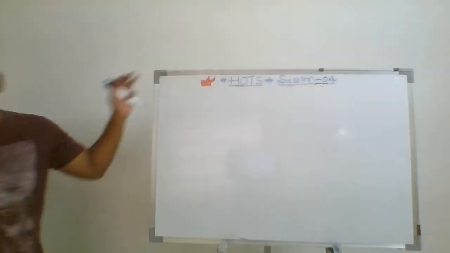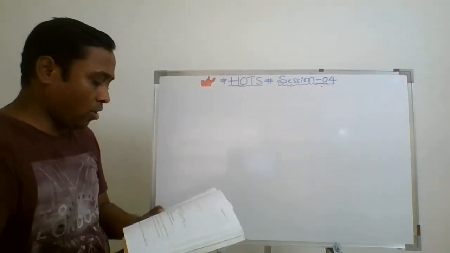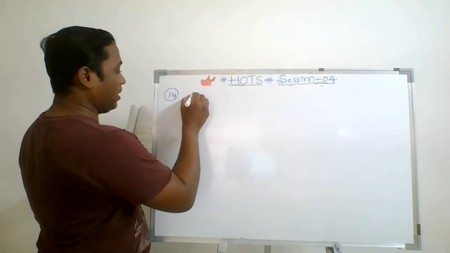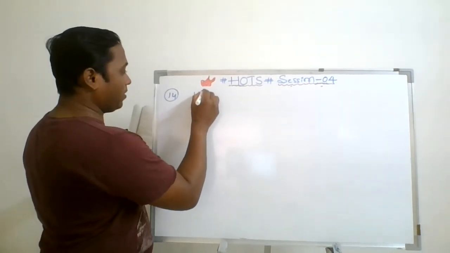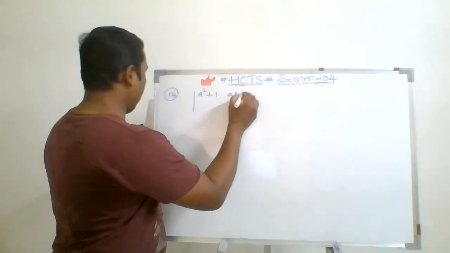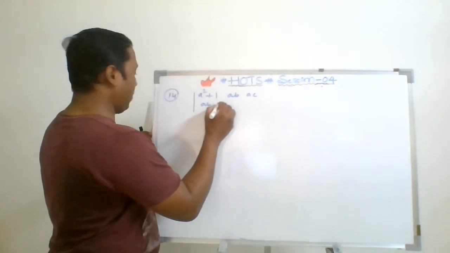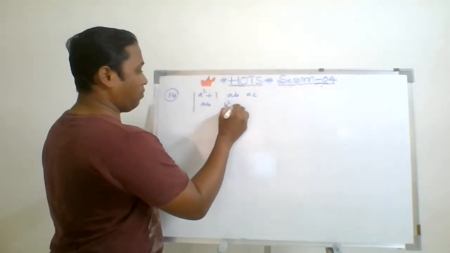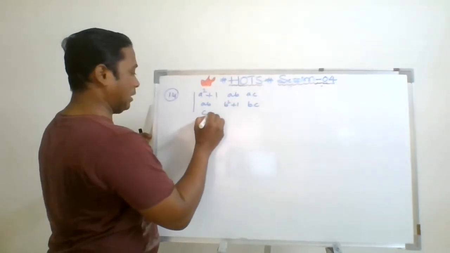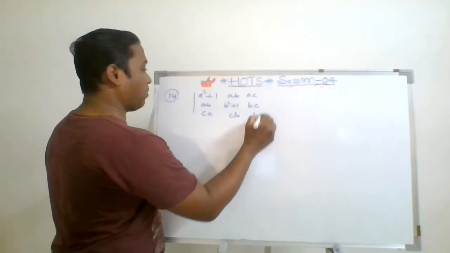Fine. Now from the same exercise, I am taking question number 14. See how this question is. It is an interesting question, just enjoy this. The determinant has rows: a square plus 1, ab, ac; ab, b square plus 1, bc; ca, cb, c square plus 1.